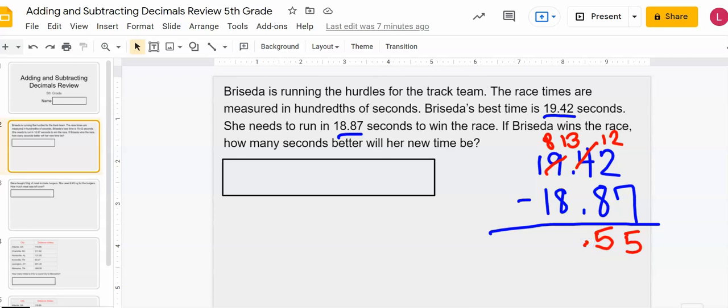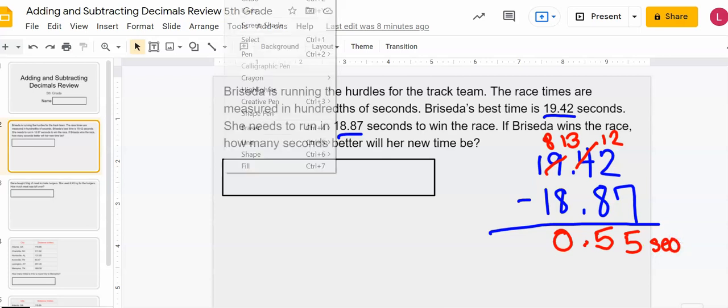So 8 ones minus 8 ones, I wouldn't have any left. Oh, and no 10. So let's see, how many seconds better will her new time be? So the difference between these two times is 55 hundredths seconds. And I'm going to label that.